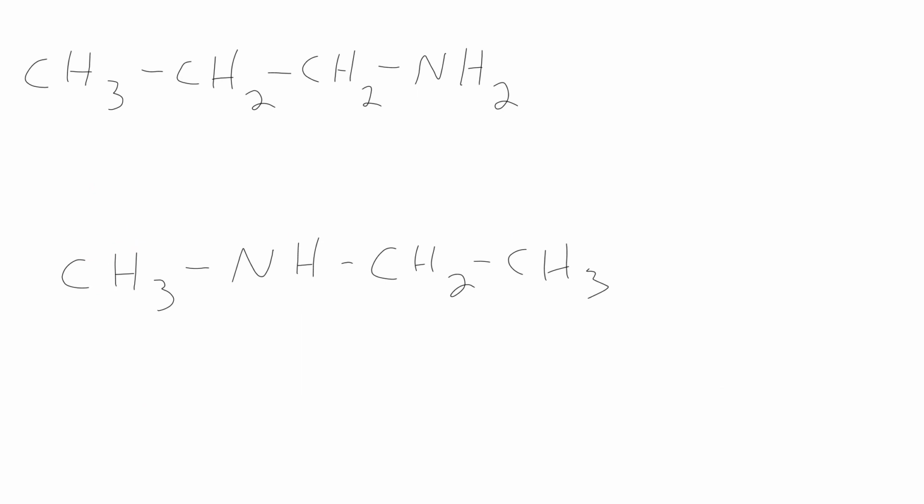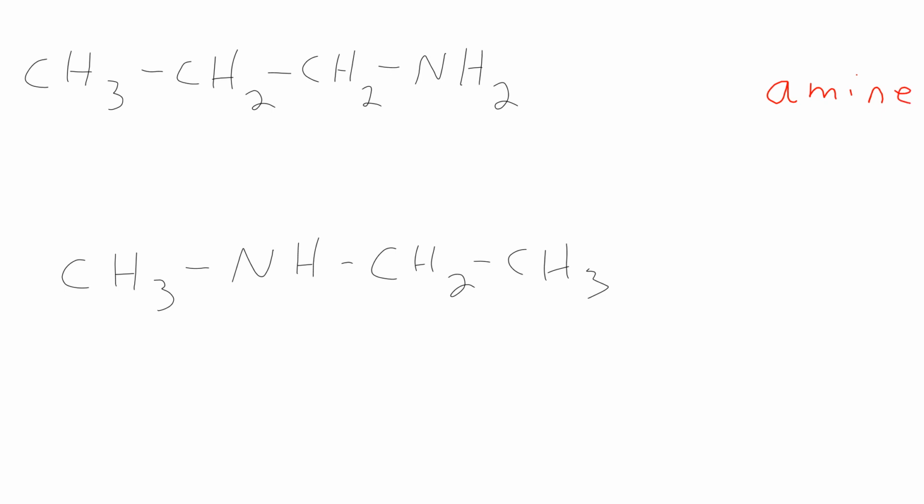So in this slide we have 2 amines that we want to name. Let's start at the one on the top. Right away you know you're dealing with an amine because you see that nitrogen there. So we're going to get that amine ending.